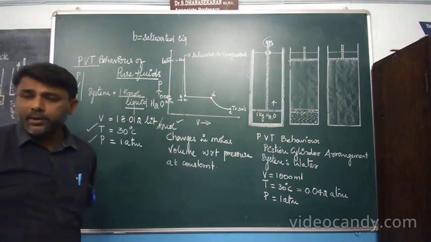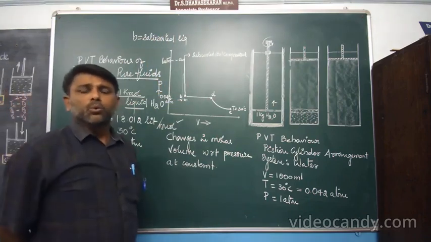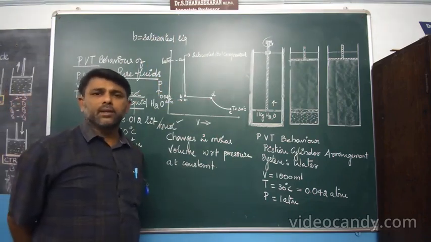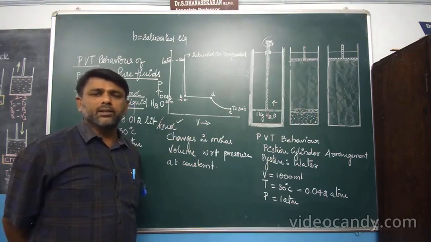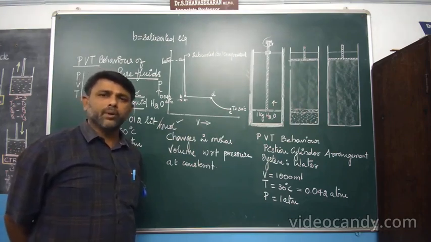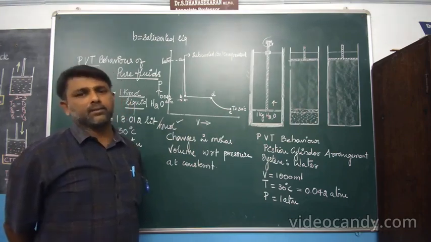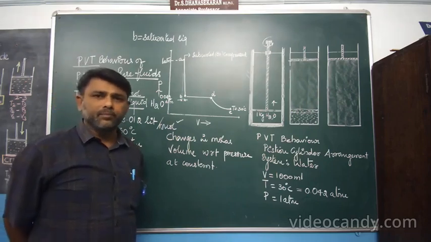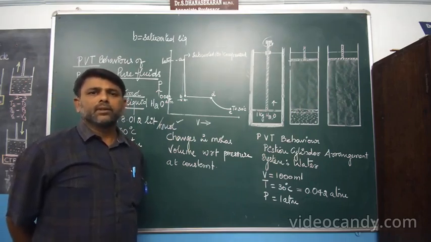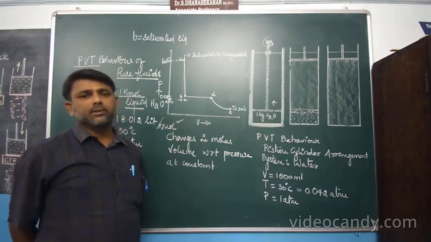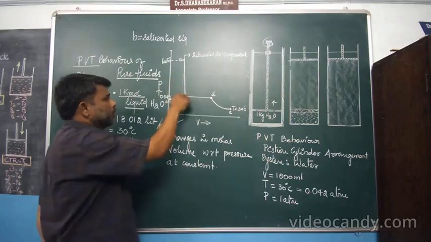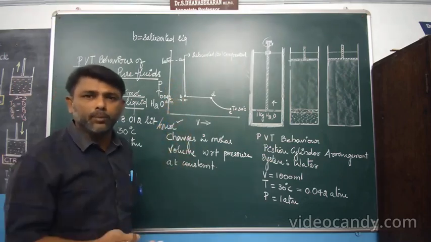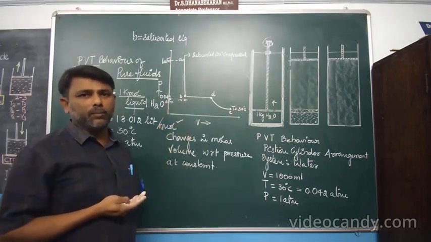Saturated liquid means a liquid whose temperature is equal to its saturation temperature, or a liquid whose pressure is equal to its saturation pressure at a specified temperature. Or I can say that the liquid is about to vaporize. A subcooled liquid is not about to vaporize. The saturated liquid means it is about to vaporize.